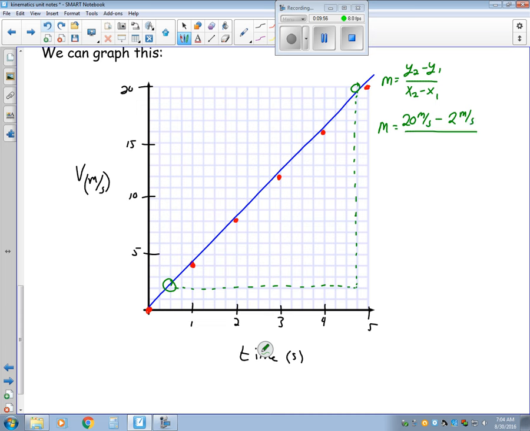Here the time, see this is 0.25, 0.5, 0.75, so 4.75 seconds minus down here I get 0.5. So the slope, if I do that, it's going to be 18 over 4.25.